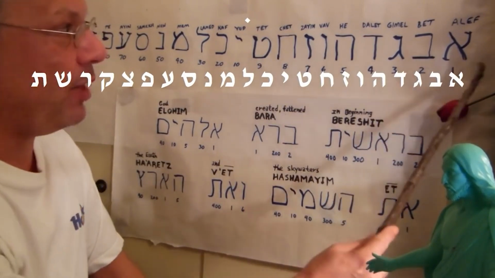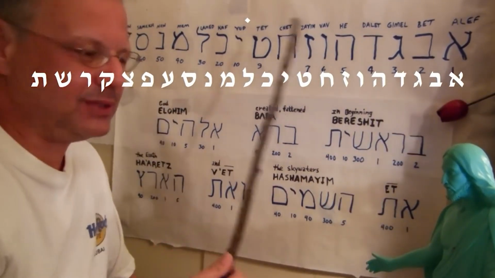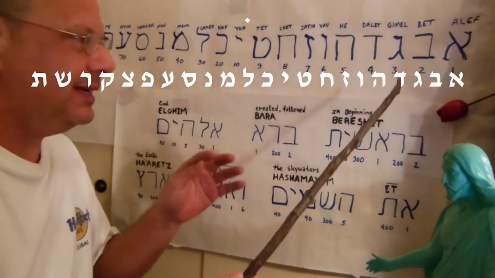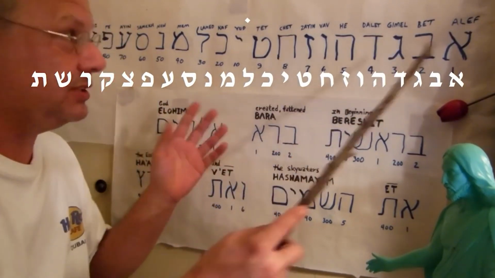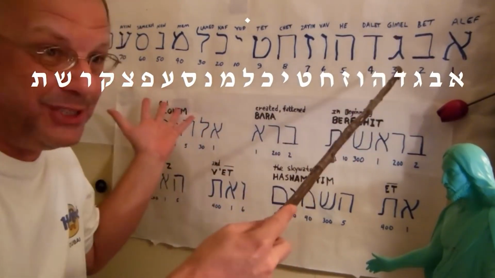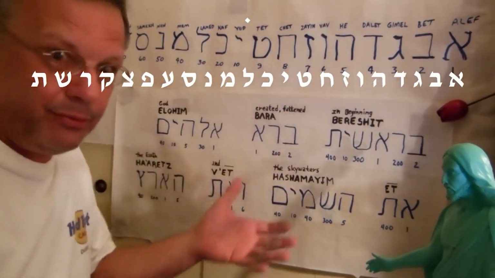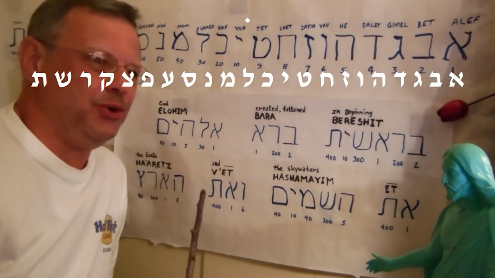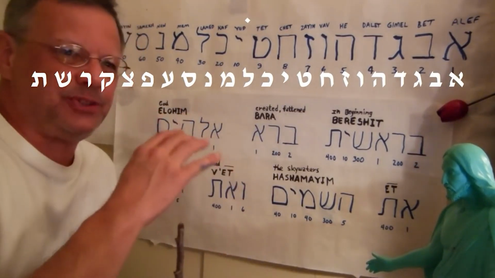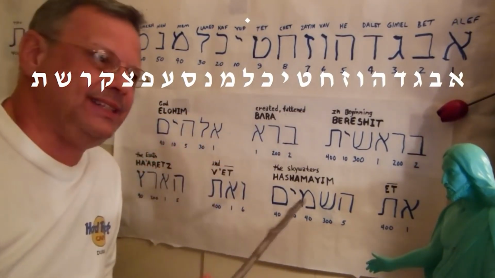Hebrew reads from right to left. That's difficult to get your head wrapped around. I don't want to say it reads backwards because this is God's first language. This is God's language. It reads forward. We write backwards. Everything we do, Satan has twisted things around so that now we're doing it backwards.